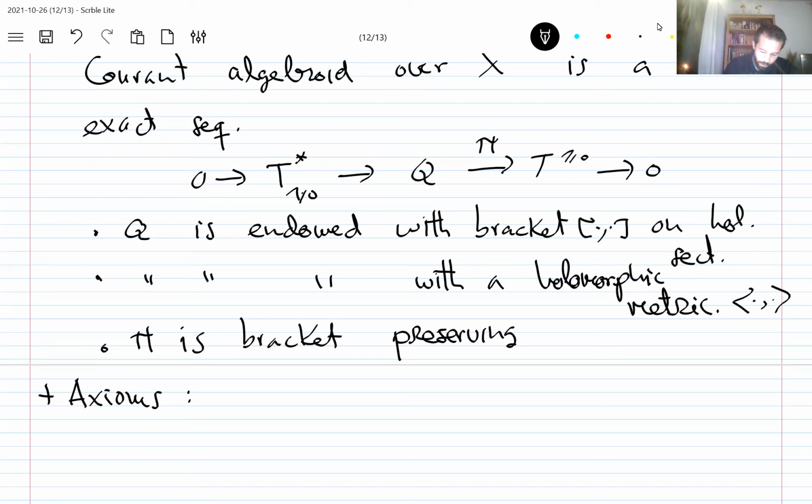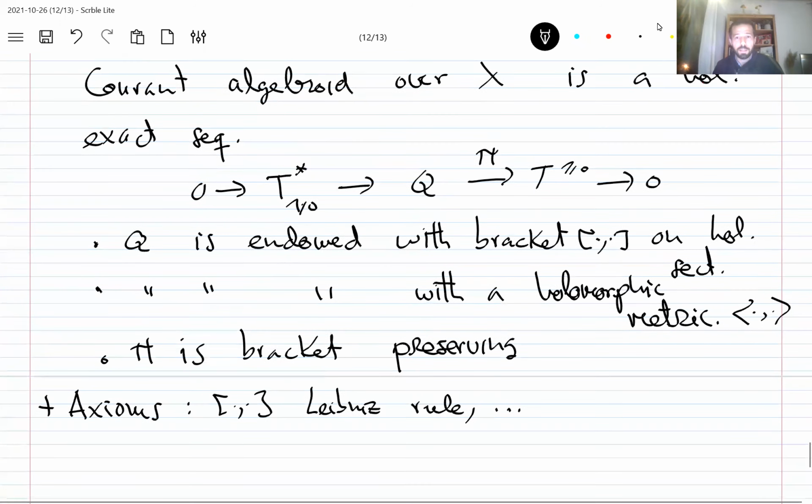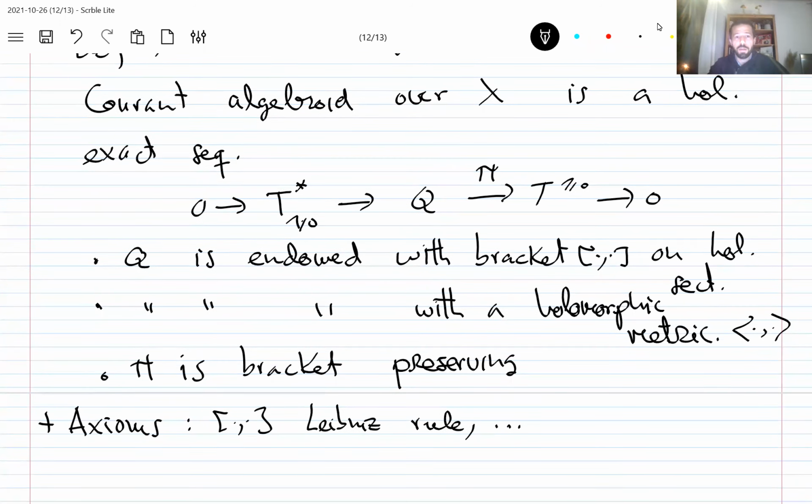In particular, the bracket satisfies the Leibniz rule, etc. Let me not go into the details, okay? But this is the picture.